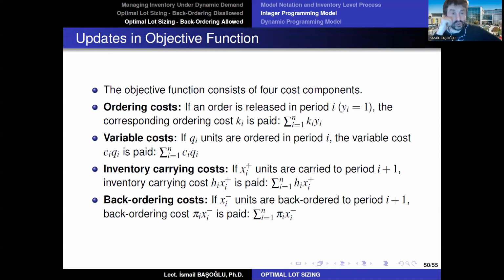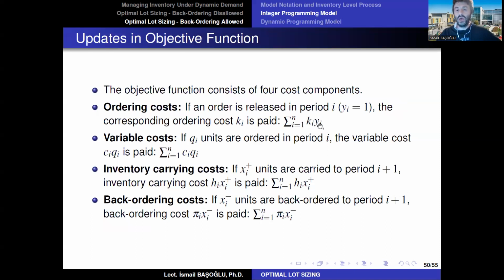So we say the objective function this time consists of 4 components. The first component is the ordering cost, obviously. If we release an order in period i, then the decision variable yi is going to be equal to 1, which will introduce the fixed ordering cost associated with that period as ki.